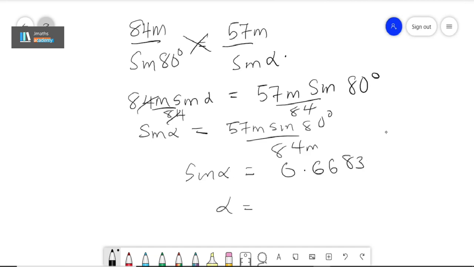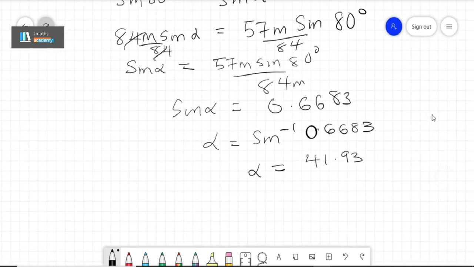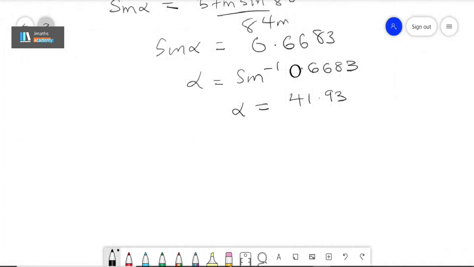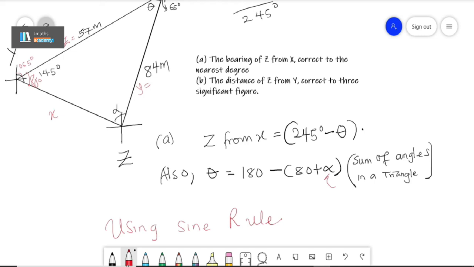So alpha is equal to the sine inverse of 0.6683. Our alpha will give us 41.93. Once you use your calculator, this is what you get. Finally, our alpha will give us 42 degrees. We've gotten our alpha to be 42 degrees.